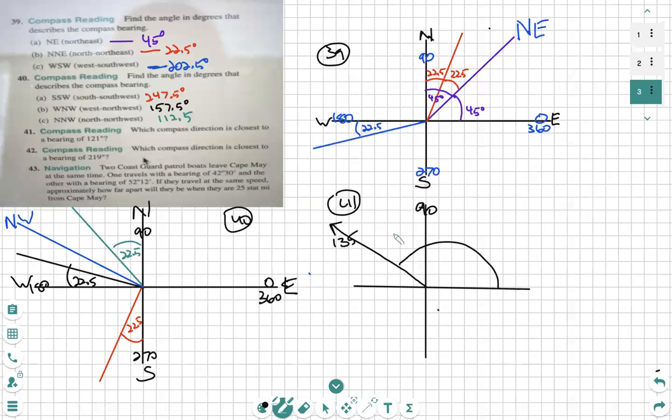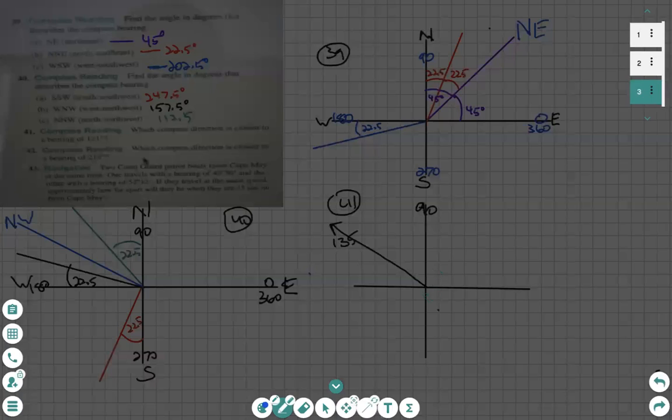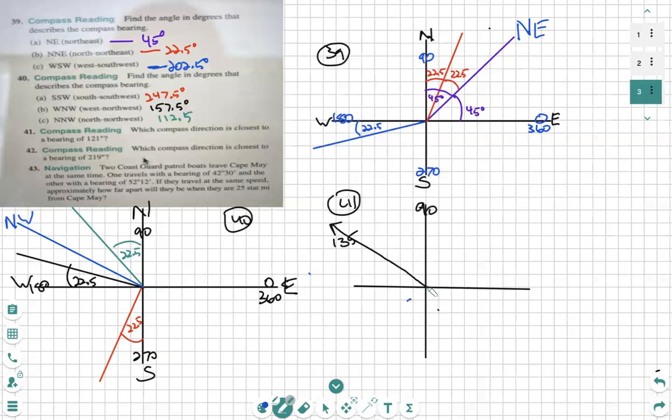So we need to find 120. 120 is in between 135 and 90. So we can clearly see that the closest is northwest for 41.